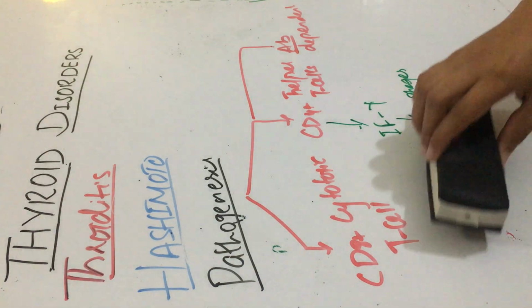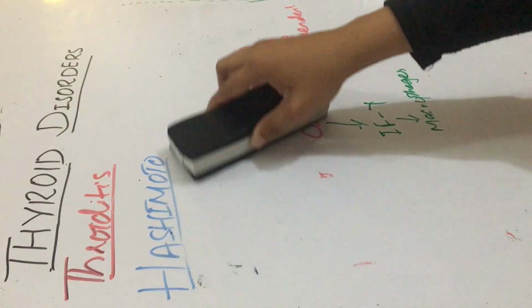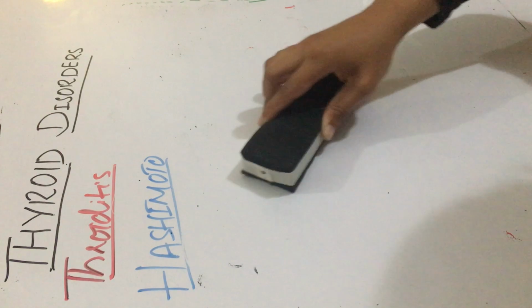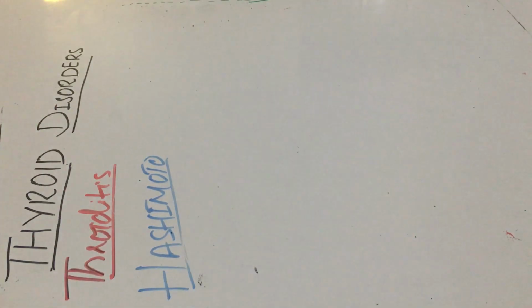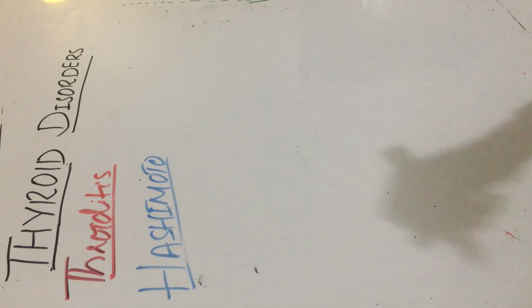Now we discuss the morphology of the thyroid gland in Hashimoto thyroiditis.